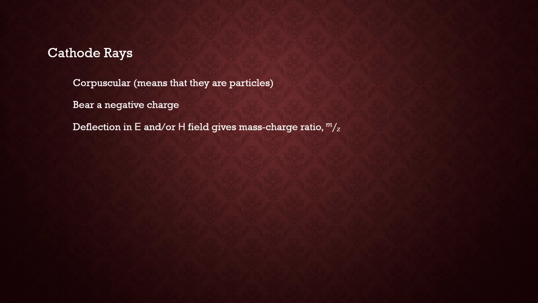And then finally, that deflection in either the electric or the magnetic field, designated as E or H respectively, gives you the mass to charge ratio. So the radius of the deflection is what's used to calculate the mass to charge ratio. And ultimately, we're going to use this in mass spectrometry.